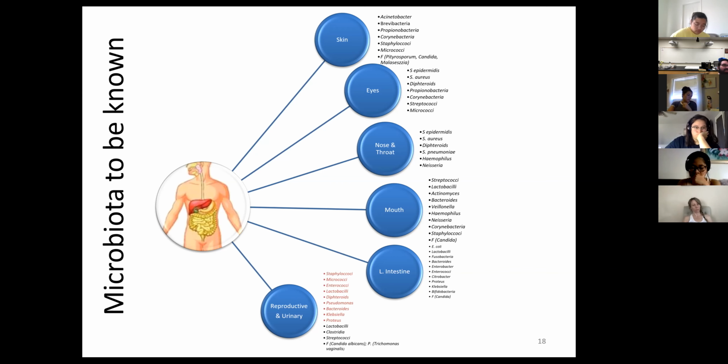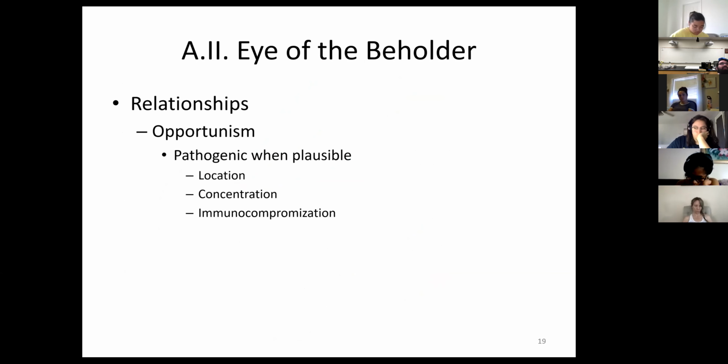So some of them that are present vaginally versus testicularly and things like that. So there are some variations even in, for example, urinary tracts. So they're not necessarily perfectly the same. Now, there is one last relationship that exists, which is referred to as an opportunistic relationship.